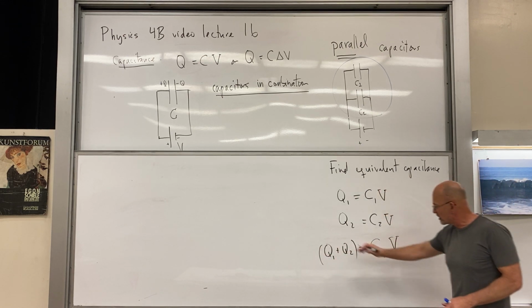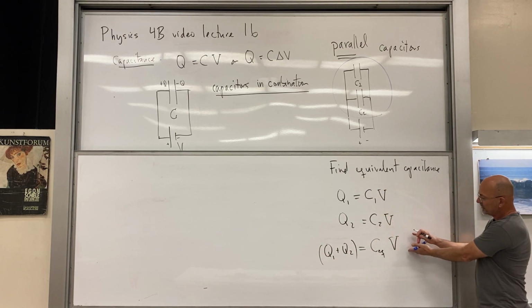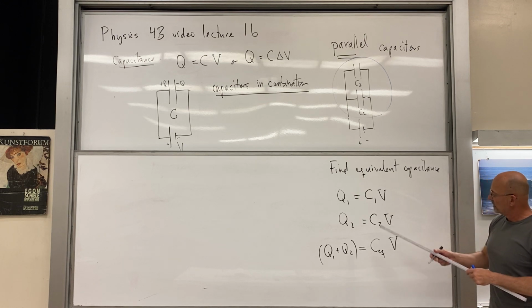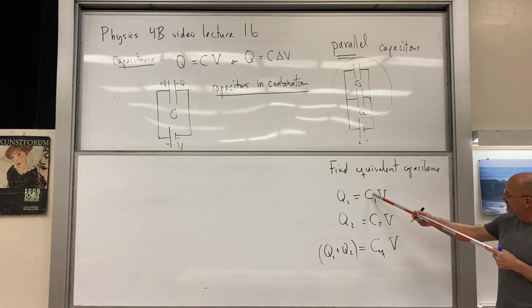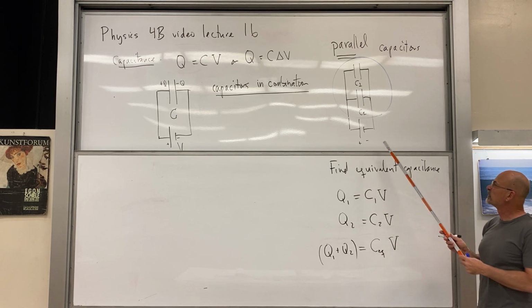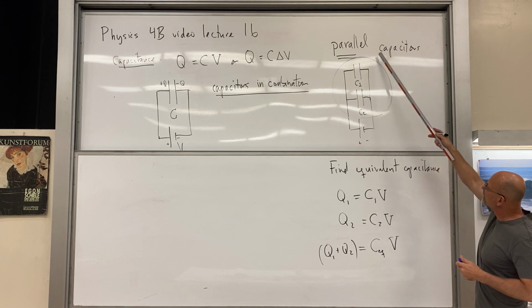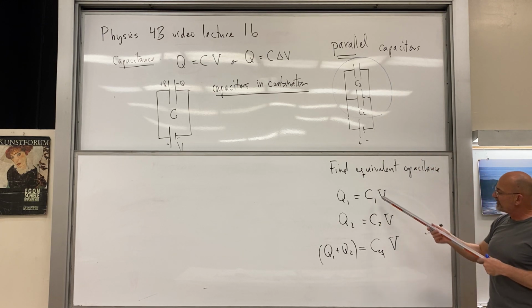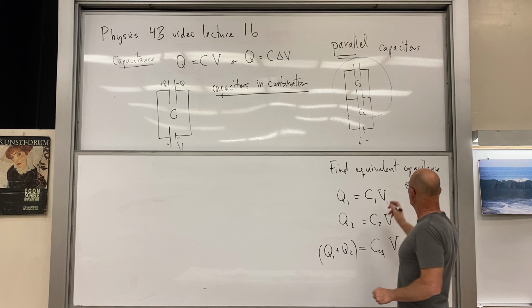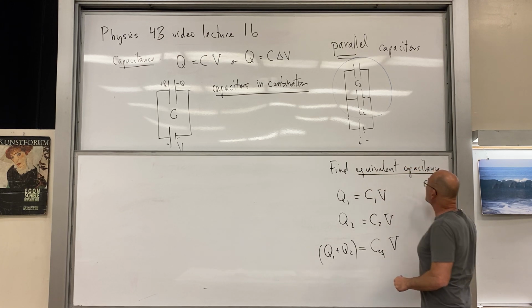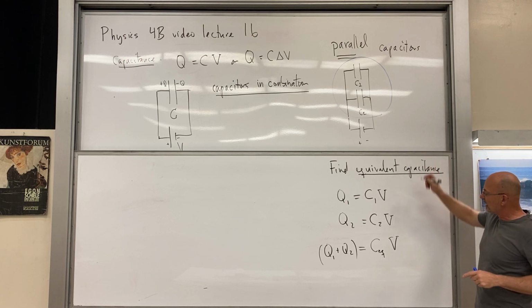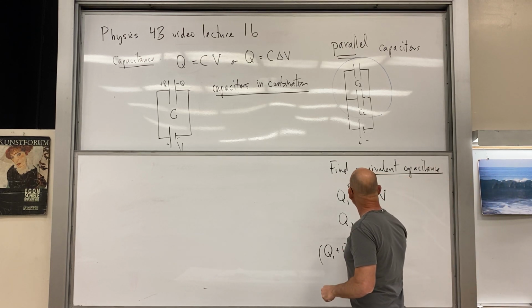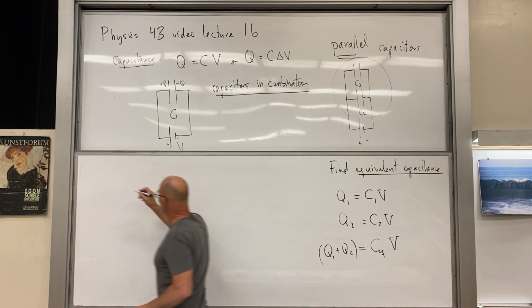This is the total charge, equivalent capacitance, voltage, and so almost trivially, we just plug in what we have up here and we see the equivalent capacitance is C1 plus C2. And if you had a whole ladder of these, a whole series of them, we would just add them linearly. So for the equivalent capacitance for capacitors wired in parallel, I'll go ahead and start right here.